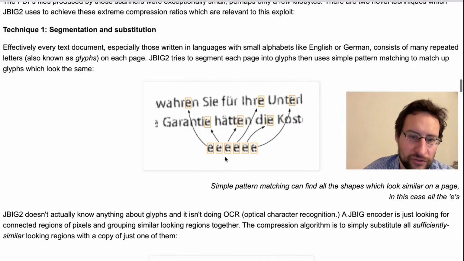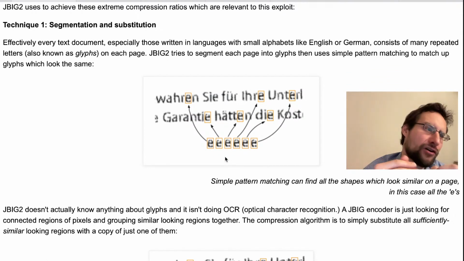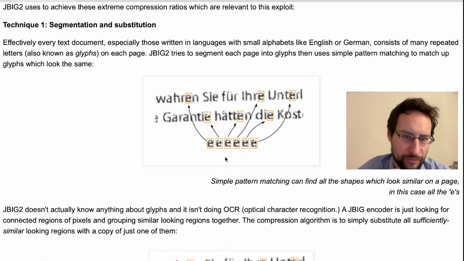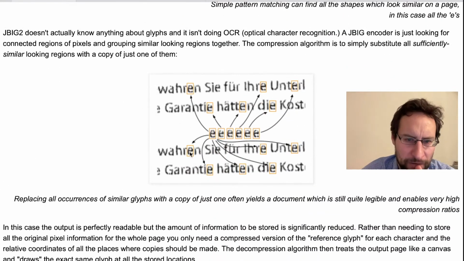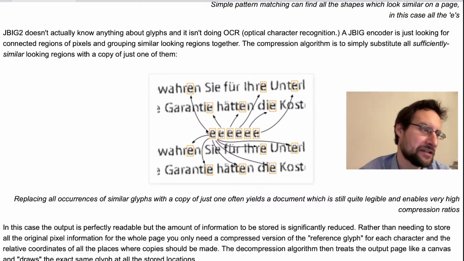Depending on how lossless or lossy you want the coding, you can also encode refinements, meaning differences. For example, using the template E but with some pixels slightly different because of the usual noise.